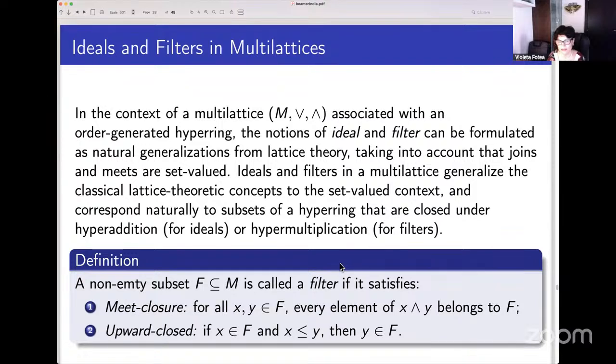Similarly, as in lattice theory, we can consider the filter notion, and the conditions are just similar.